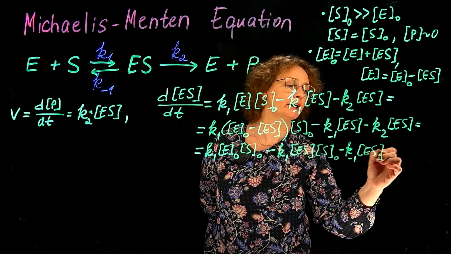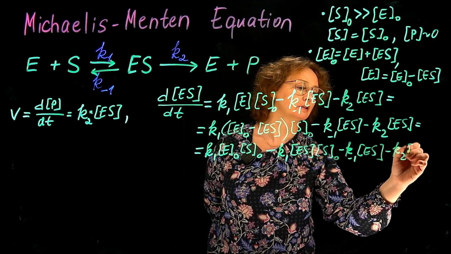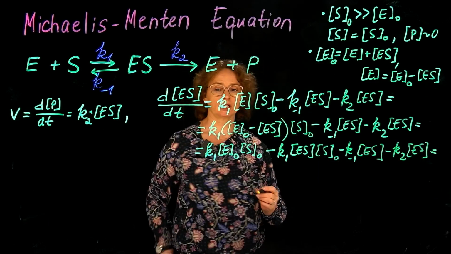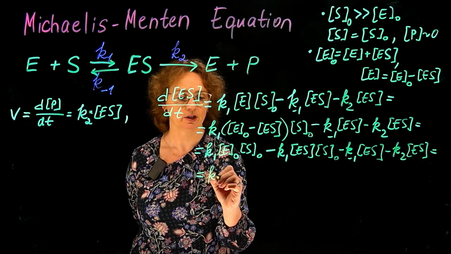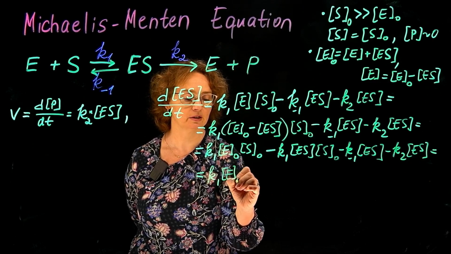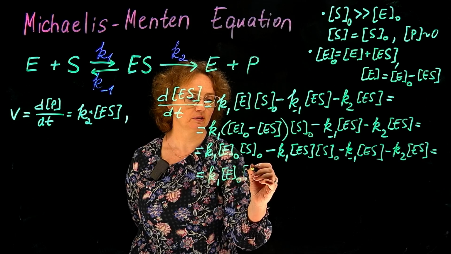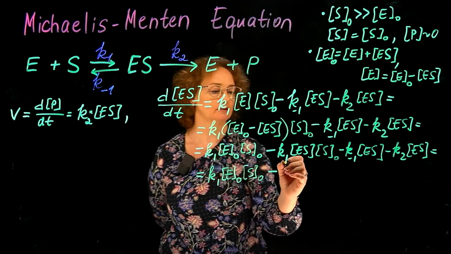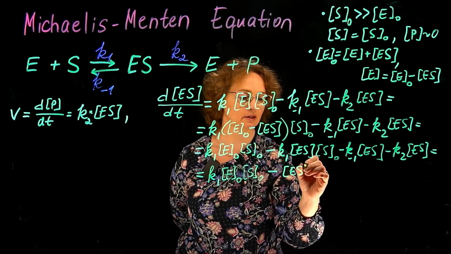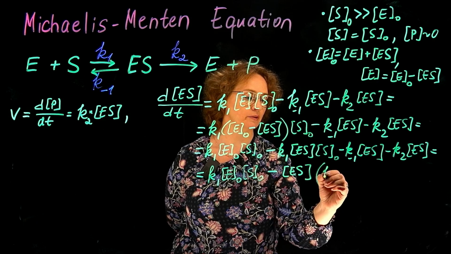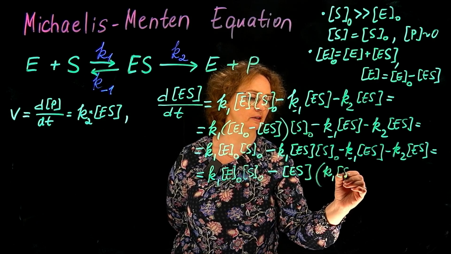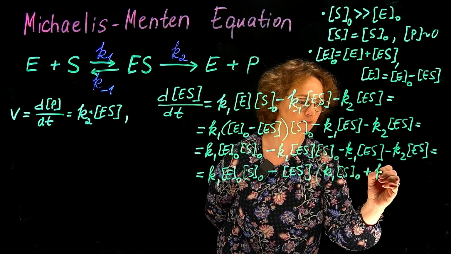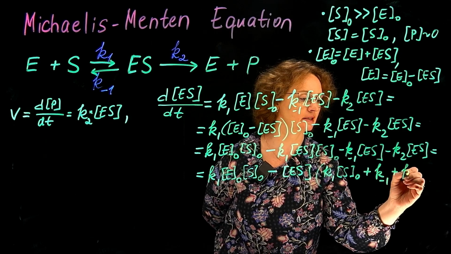And now we can factor out the enzyme-substrate concentration. So we have K1 times E naught, S naught, and here we have minus ES, and in the parentheses, it will be K1 times the initial substrate concentration plus K minus 1 plus K2.